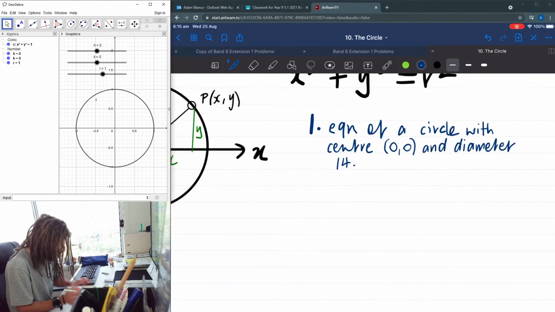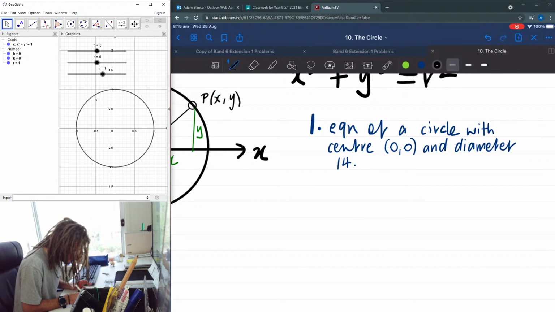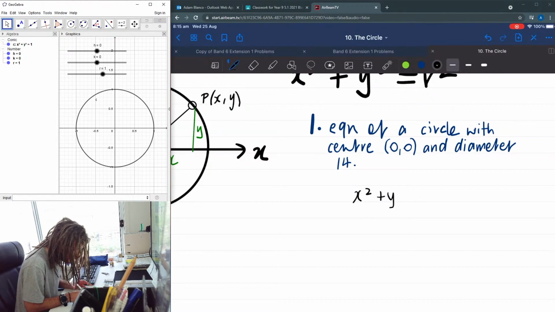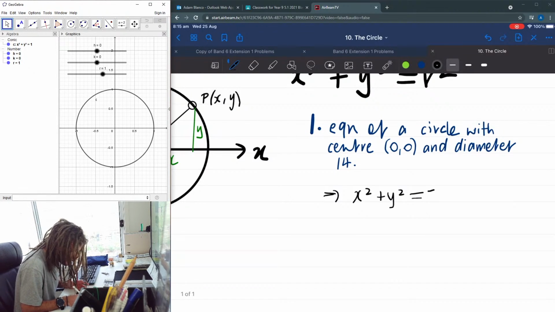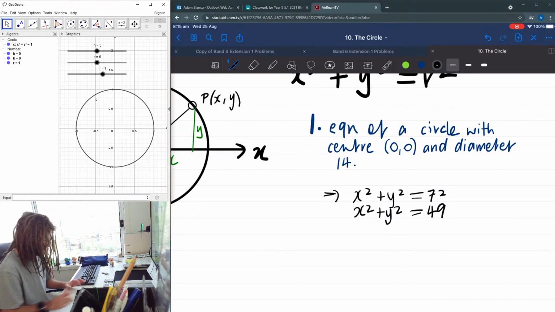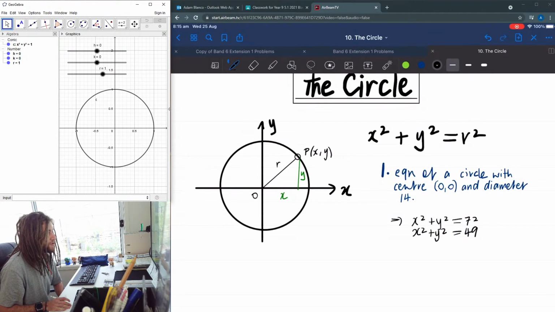Okay, easy. I know it's x squared plus y squared equals r squared. x squared plus y squared equals, now r squared, my radius here is 7, so I'll write 7 squared. You don't have to leave it like that, you can leave it as 49, and that's fine. Okay, that's pretty basic, and yes, we do go a little bit further than that.